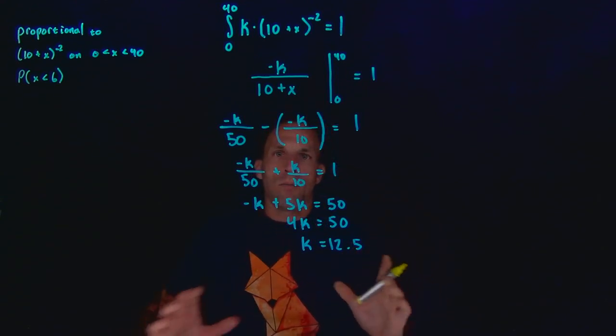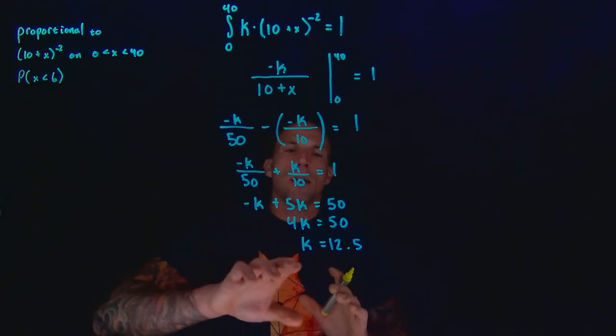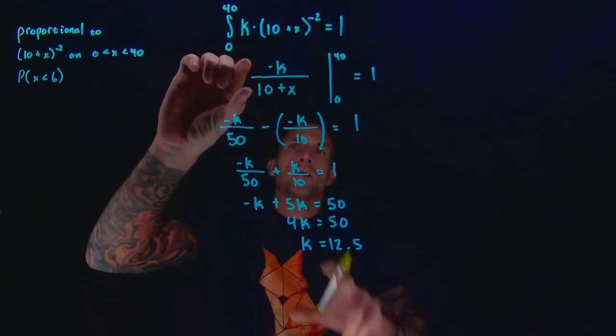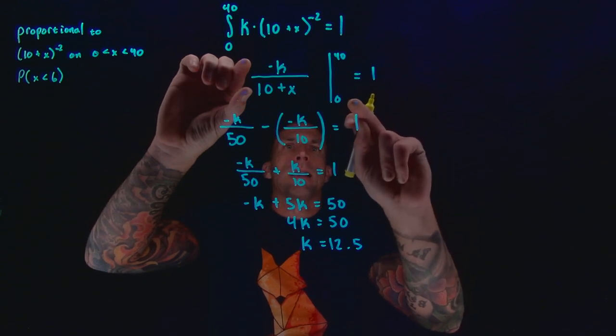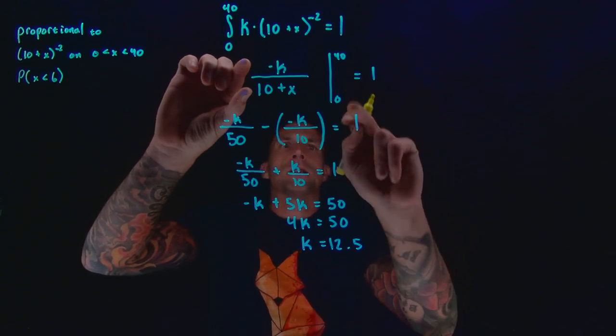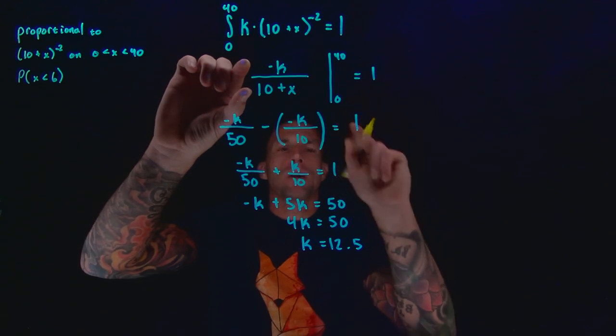So we're halfway home. We've found the constant of proportionality k. Now let's go back here and substitute in, and then evaluate from 0 to 6 instead of 0 to 40 and figure out what that should be equal to.